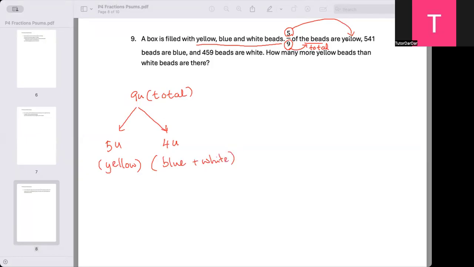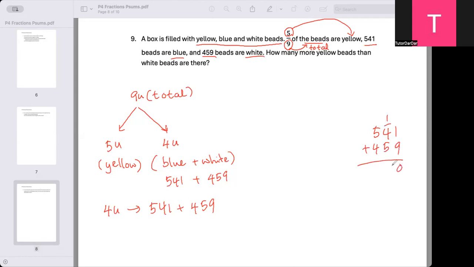Okay, then from here you can see 541 beads are blue, and 459 beads are white. So based on this, you can see 4U is equal to 541 plus 459. 541 plus 459: 1 plus 9, 10, another 10, another 10.